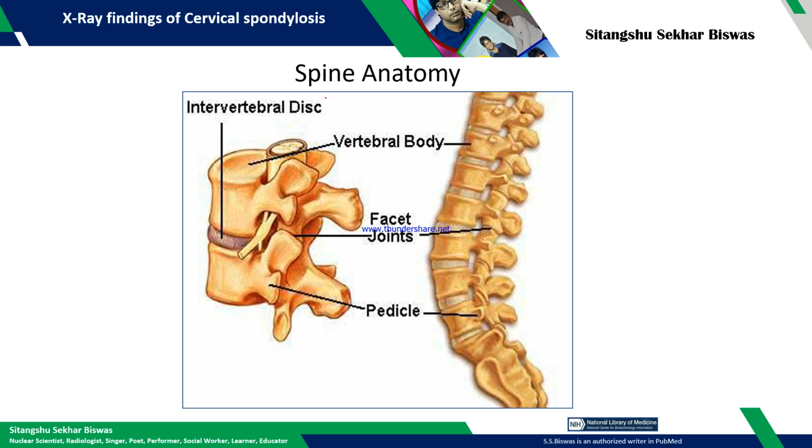now we will see the spine anatomy. So you can see here this is the vertebral body, and this is the intervertebral disc. Okay, and these are the facet joints. If you see in a normal vertebra, you can see how the discs are placed.